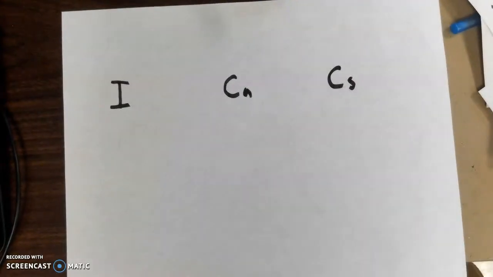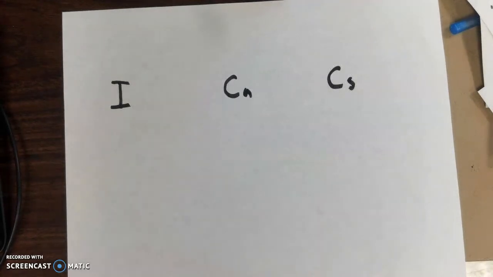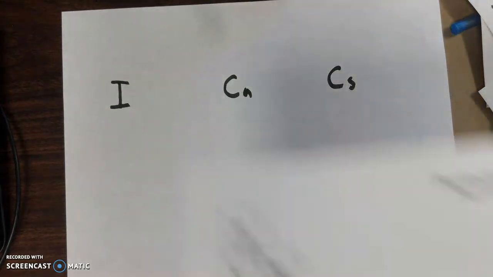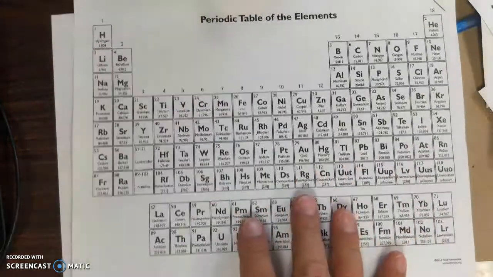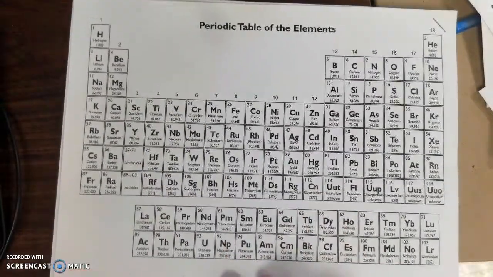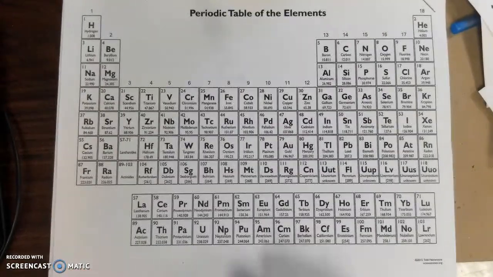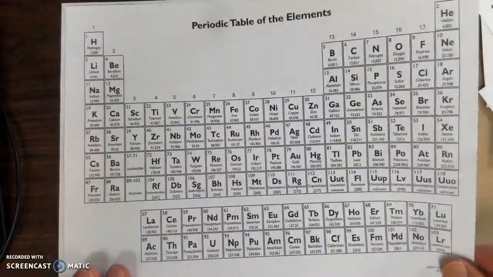I'm going to give you the answer in just a second. Look at a periodic table. You can always Google periodic table and click on images, or you can pull up the one that's provided for you online. Or let me give you a periodic table. Okay, so here's a periodic table of elements, and I'd like you to try to draw those three.